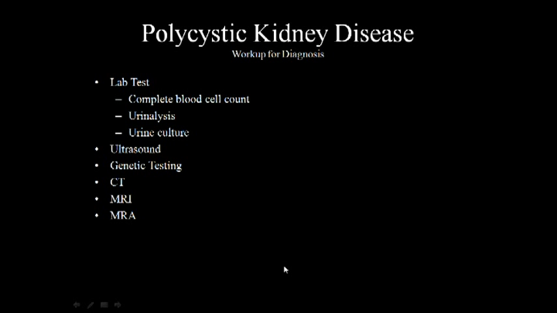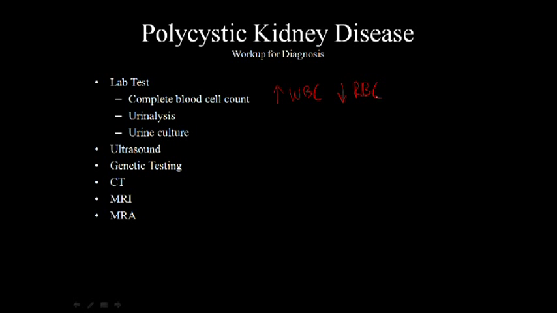So how we diagnose polycystic kidney disease is kind of different. You can order a lab test, a CBC or a complete blood cell count. This could show you if there is an increase in white blood cells, a decrease in red blood cells, things like that.